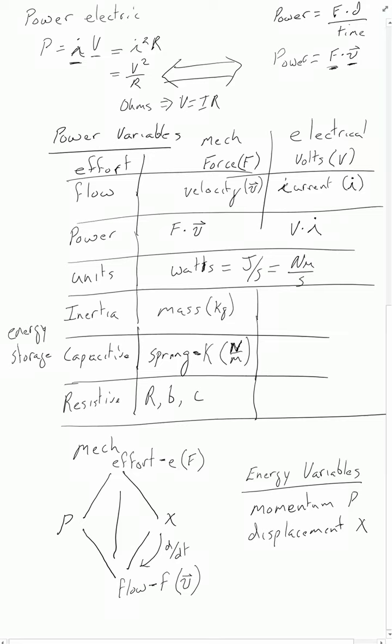Again, going back to Newton's laws, he also said that the time derivative of momentum, d/dt, is our force. Momentum, we said, was mass times velocity. So we're going to have our inertia term, which is our mass. And so we take our flow term times our inertia term to get our momentum.